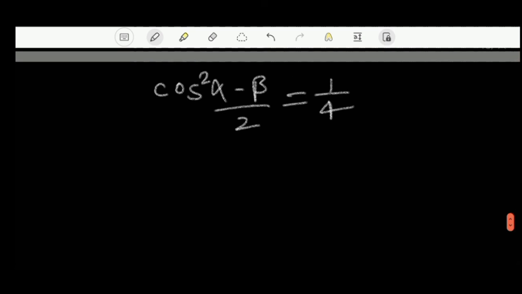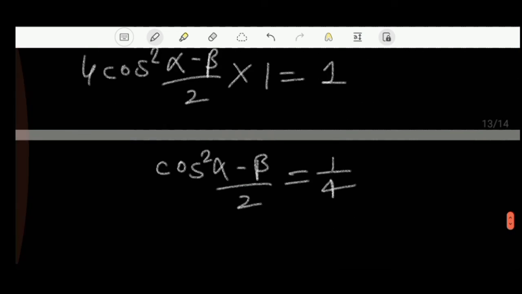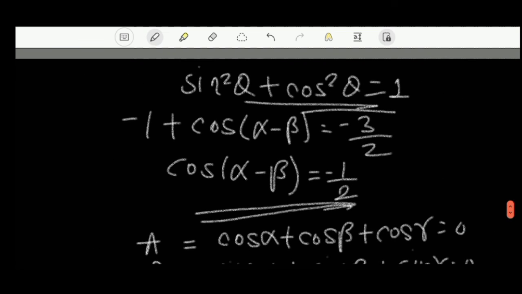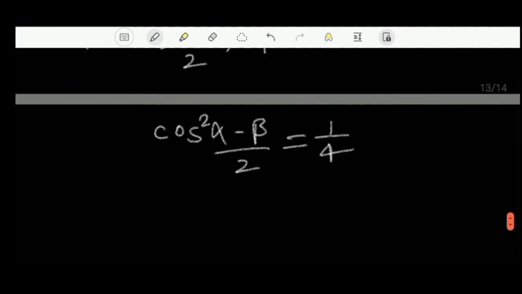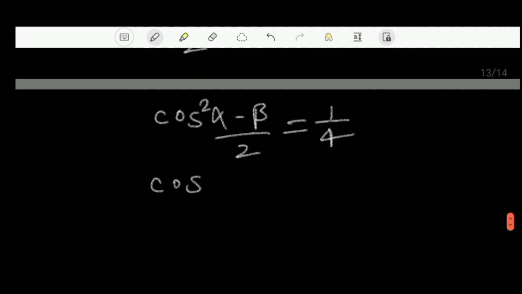And the first result was cos(alpha minus beta) equals minus 1 by 2.